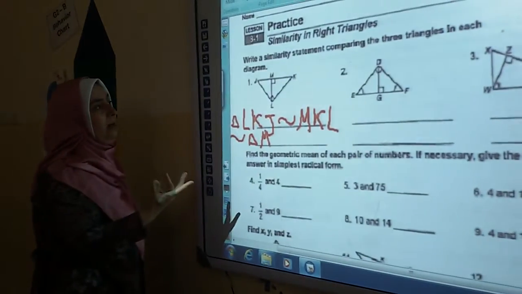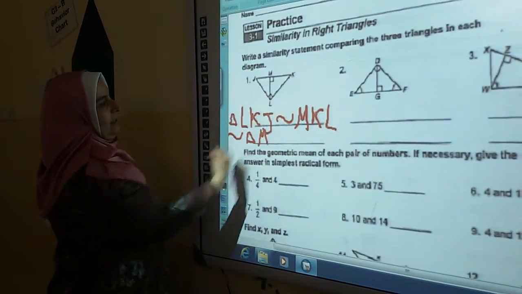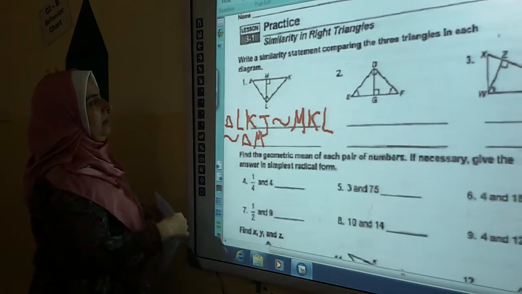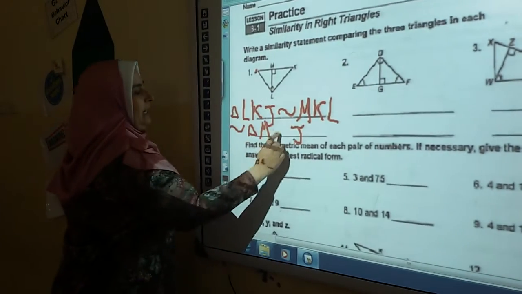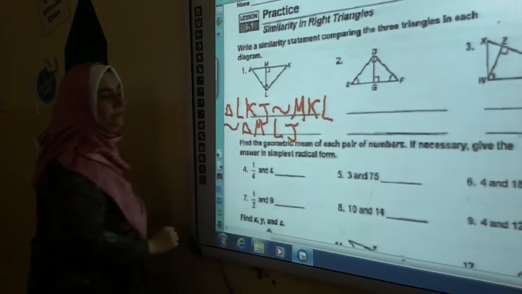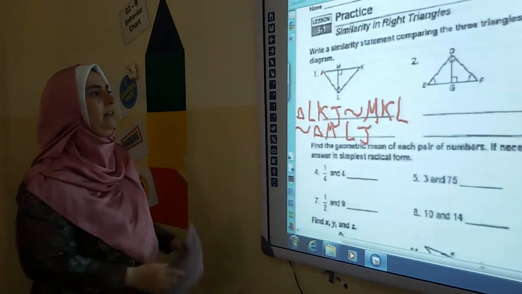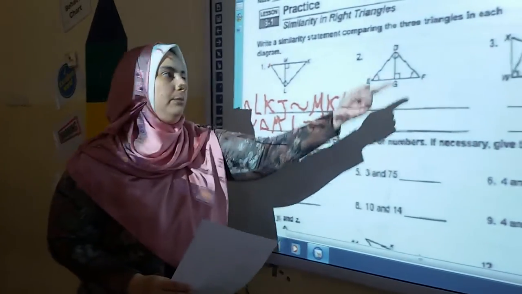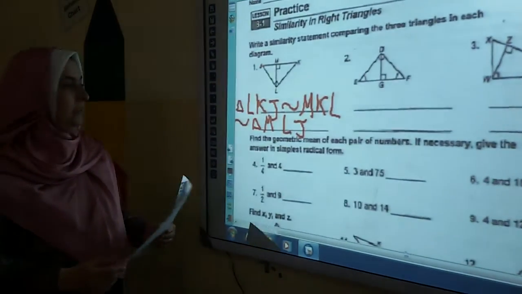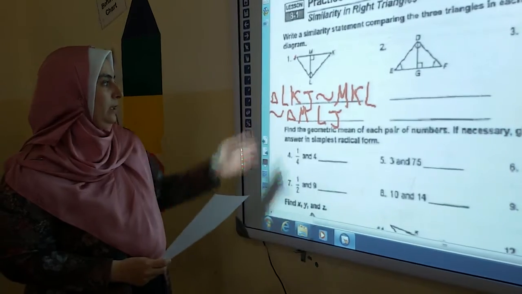M. What's common? You're saying that J is common. So I'll write it here and L in the middle. Okay, like what we said in the other exercise. Very good. So you can solve number 2 and 3 and see if you can do it like what we said here.